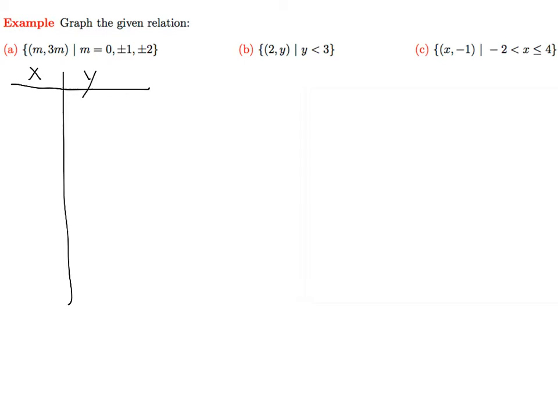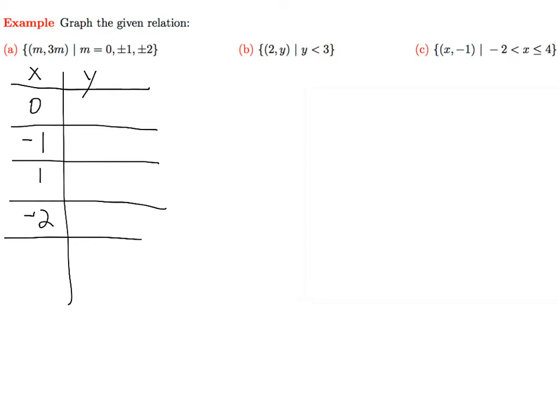And so we can see here that m is the set of x coordinates, so we have x in this relation is equal to 0, minus 1, positive 1, minus 2, and positive 2. And for each x value, the corresponding y value we get by multiplying x by 3.